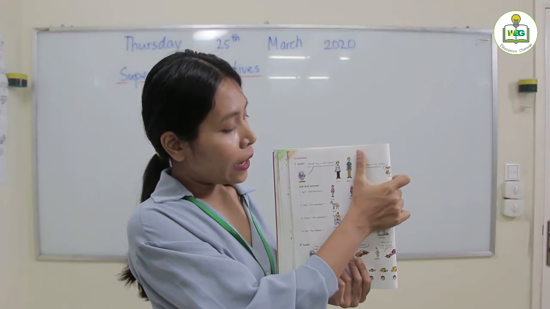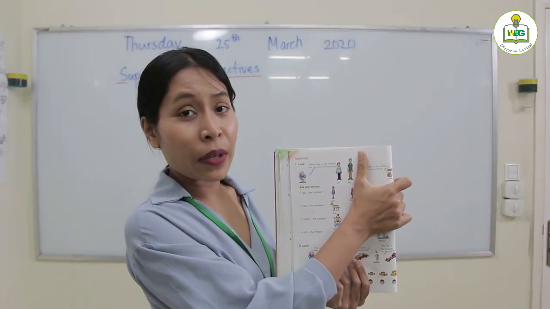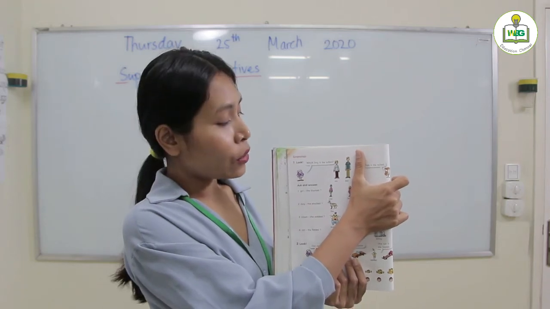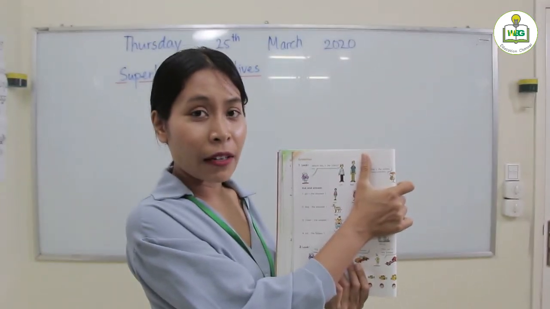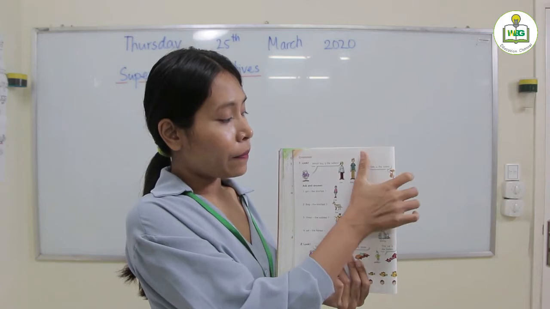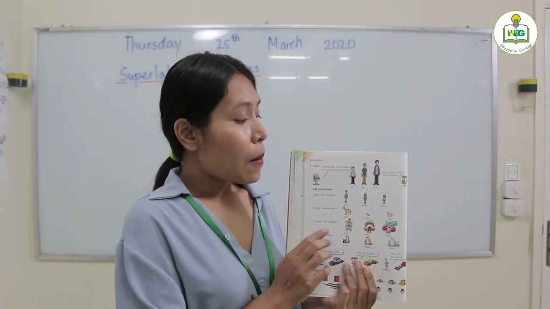So you might say, Ben is taller than Jim, right? Do you understand the difference between comparative and superlative? Superlative compares more than two things, but comparative compares only between two things.